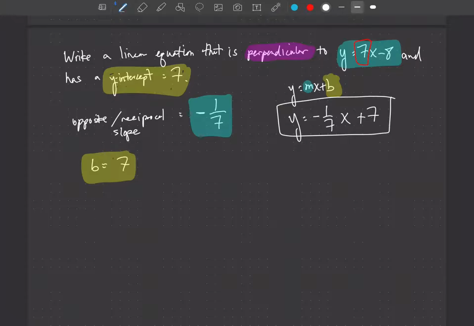Our second example again will be a problem that passes through a random point rather than the y-intercept.